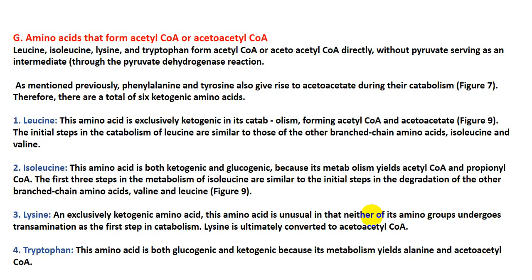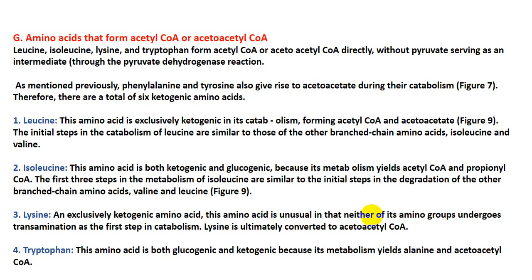Isoleucine is converted to acetyl coenzyme A and propionyl coenzyme A, which is then converted to methylmalonyl coenzyme A, and the last end product is succinyl coenzyme A, which enters the Krebs cycle. Isoleucine is glucogenic and ketogenic and is an essential amino acid.